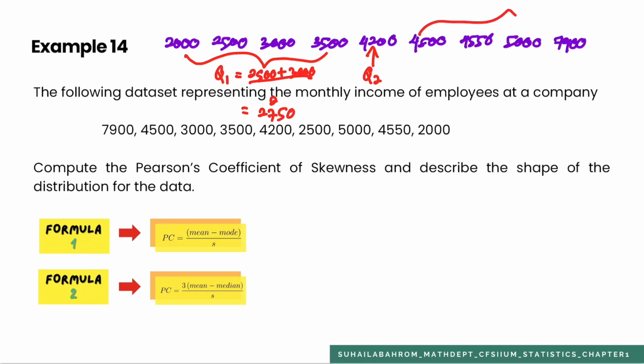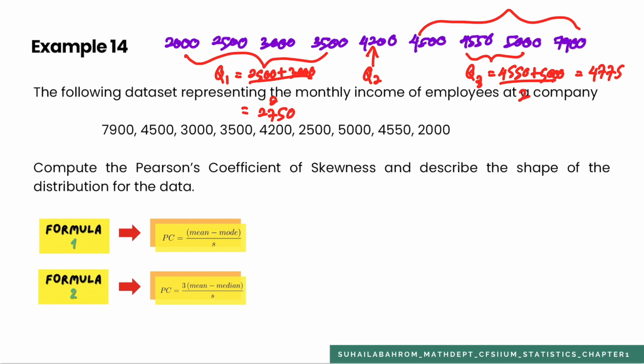And this is our upper half, and the Q3 is equivalent to the average between 4,550 and also 5,000. Then you will get the value of the third quartile, 4775.